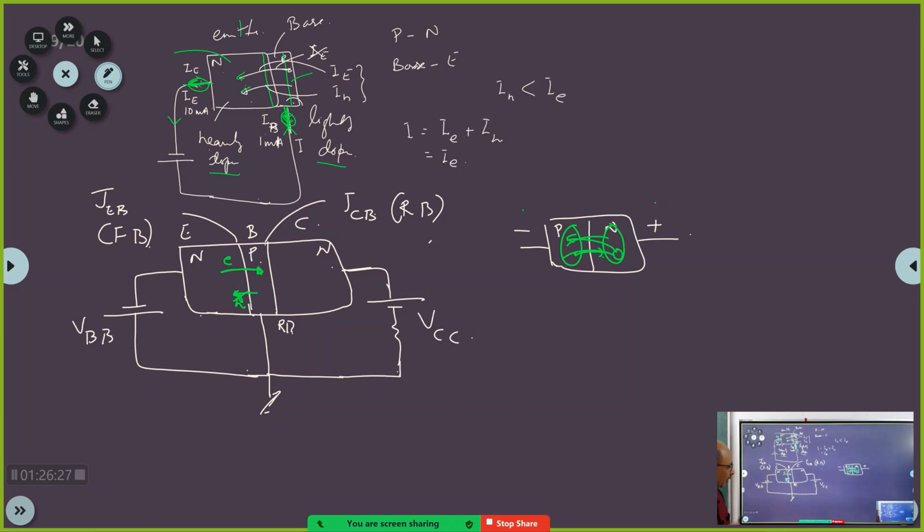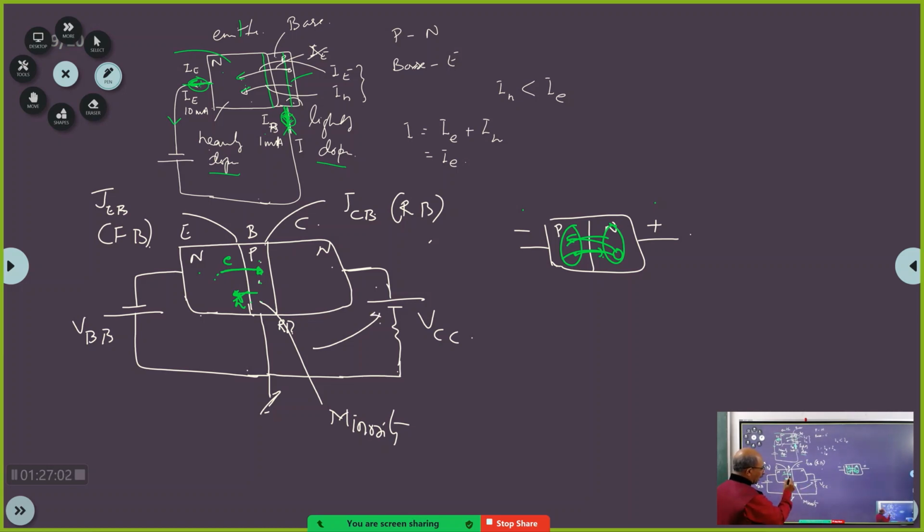Agreed? Now see, the electrons from the N have entered P. So the electrons which have entered here are minority charges in the majority region. Got it? Now this reverse bias, what will it do?